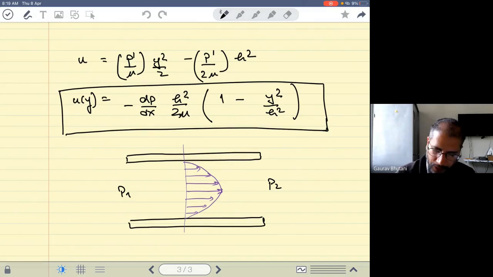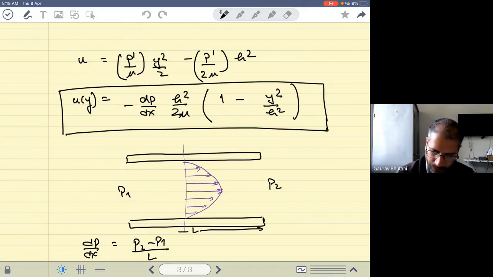Now we also know that the pressure is linear. dP by dx, we saw yesterday, was linear. Okay, so based on that, we can also write dP by dx as P2 minus P1 upon L, where L is the length of the plate.